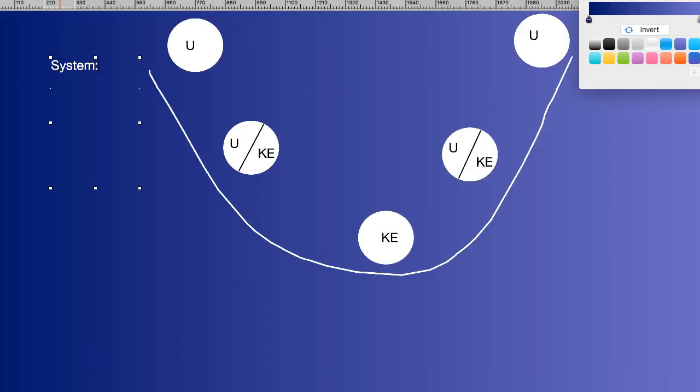So the system is made up of the skateboarder and the Earth. Those two things are our system, and the energy is being transformed to the skateboarder and then going back to this skateboarder-Earth system in the form of gravitational potential energy.